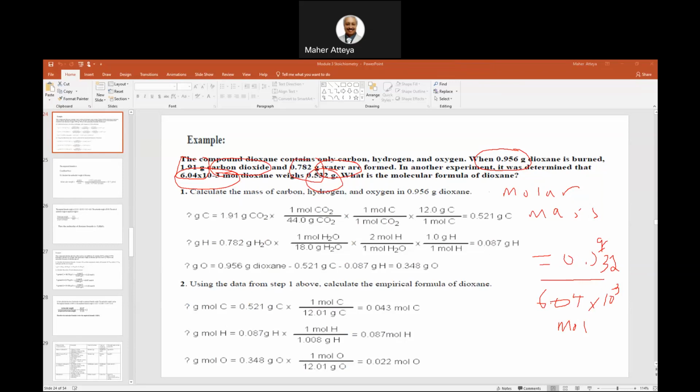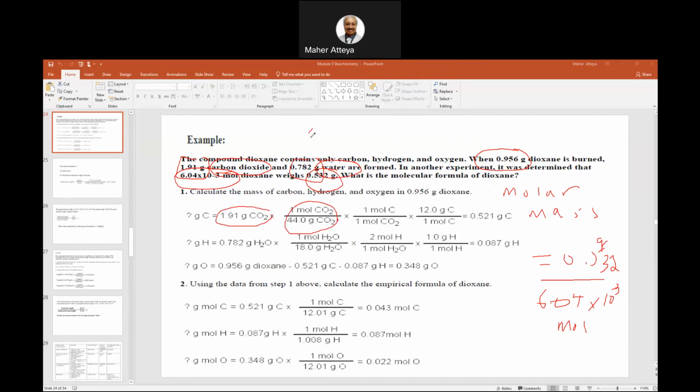After complete combustion, we always have carbon dioxide and H2O. Now, the whole idea is, what is the actual molecular formula of dioxane? How does it look? If you look at this amount of grams of CO2, you need the molar mass of CO2.